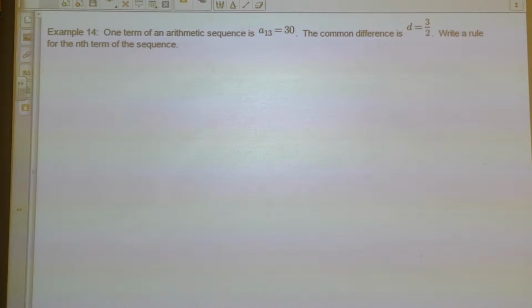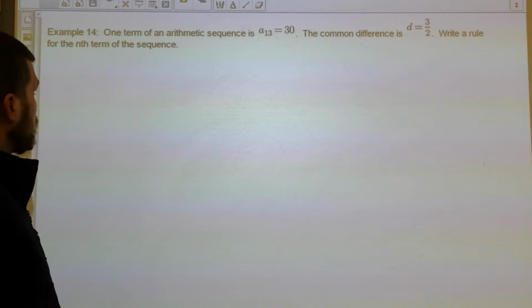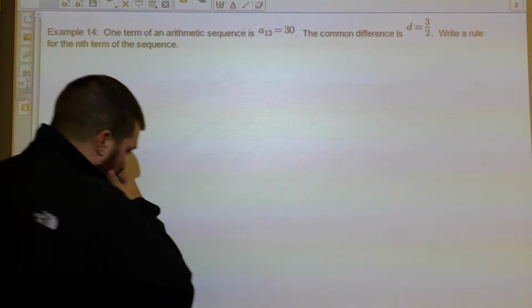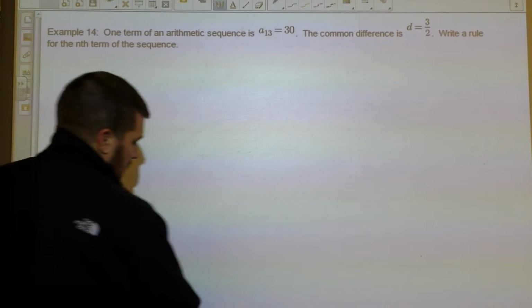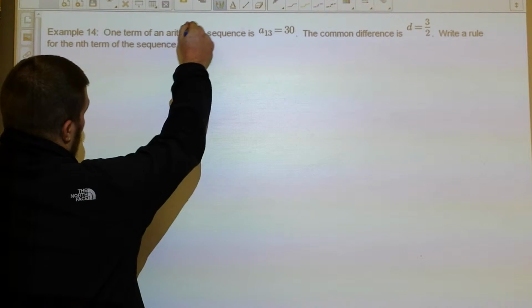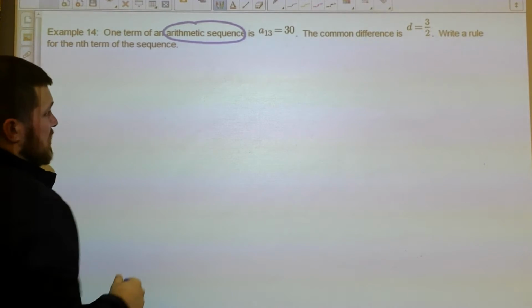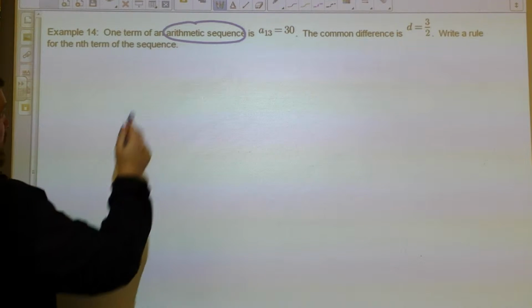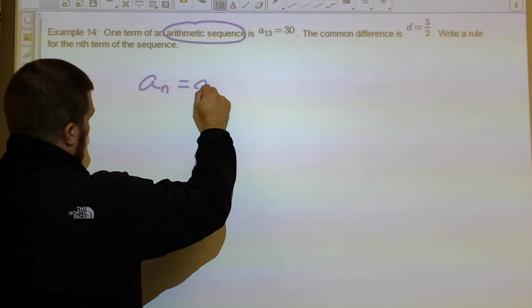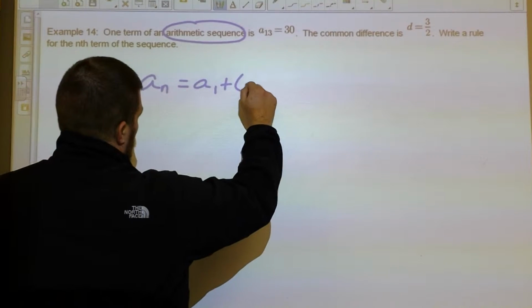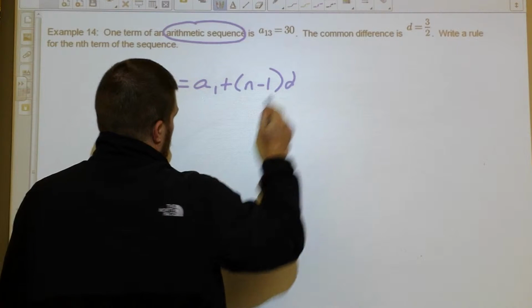Here we're told that one term of an arithmetic sequence, in the 13th position, is 30. The common difference is 3/2. We want to write a rule for the nth term of the sequence. No big deal. We're told that the sequence is arithmetic, so we're going to have to use this rule: a of n equals a of 1 plus n minus 1 times d.